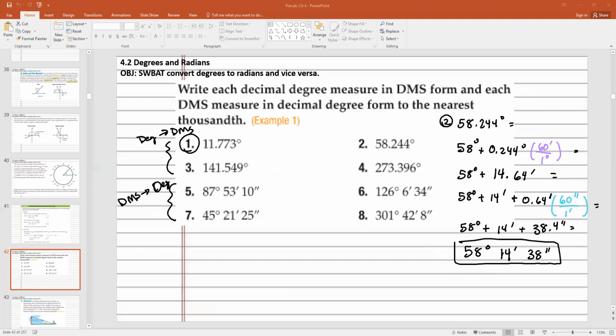Now let's look at it backwards. Okay, so if you want, try number 5. And I'll do number 6. So here we have the DMS. And I want to switch it to degrees.